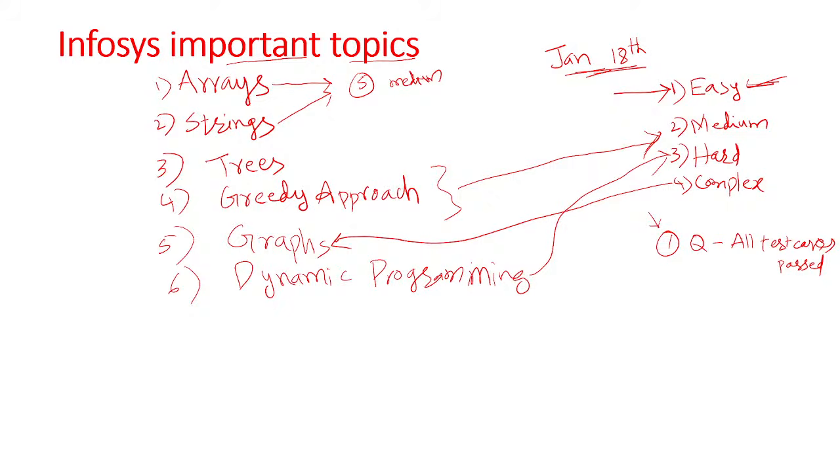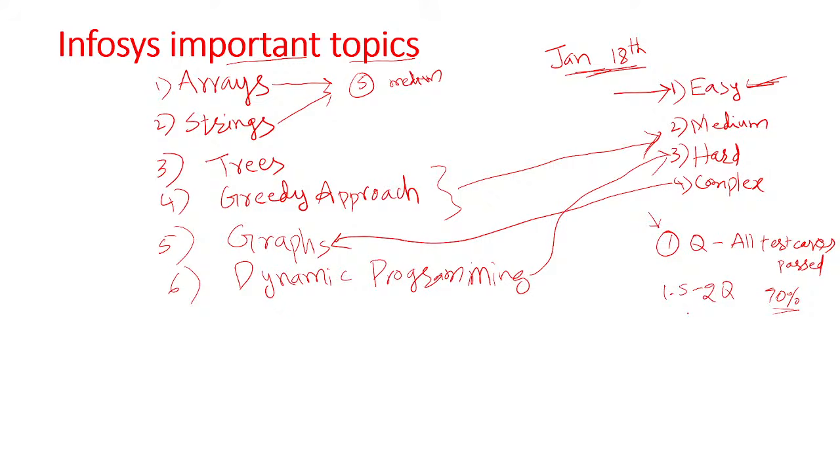If you can solve 1.5 to 2 questions with a minimum of 70 to 80% test cases passed, meaning the second question at least half, with 50, 60, 70% test cases passed, then you will get an interview call for the next package level.